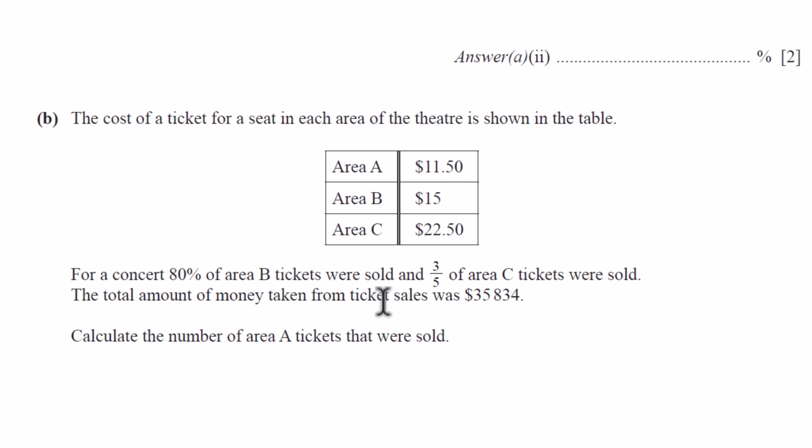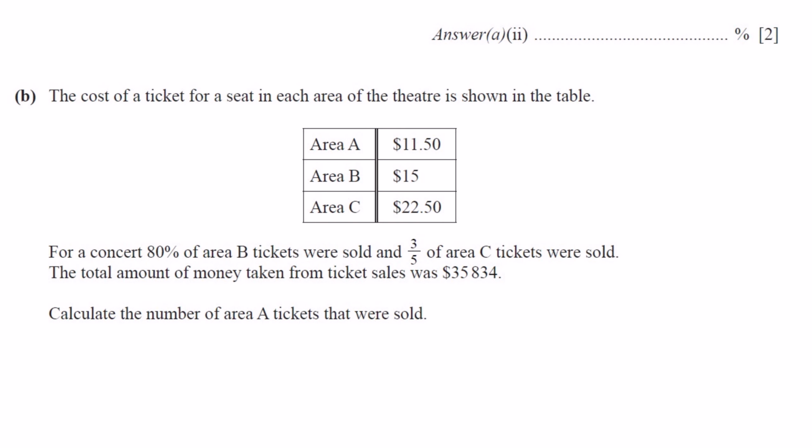So the idea we are going to use here is to get how much was made from area B and then area C, add it together and subtract it from $35,834. Let me show you what I mean.